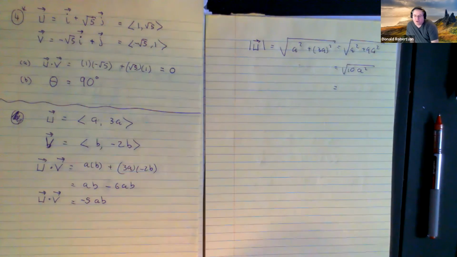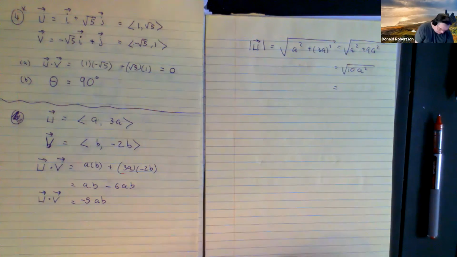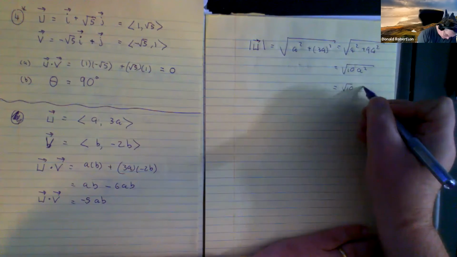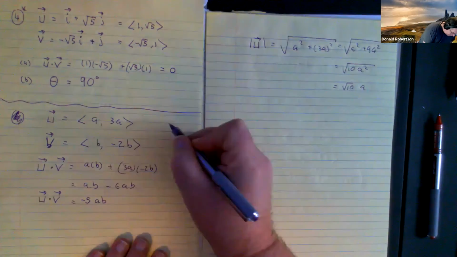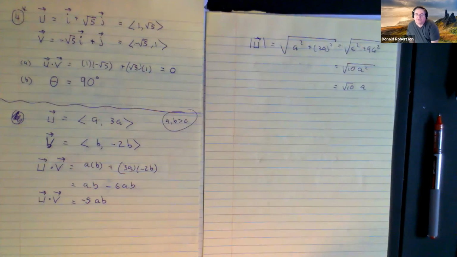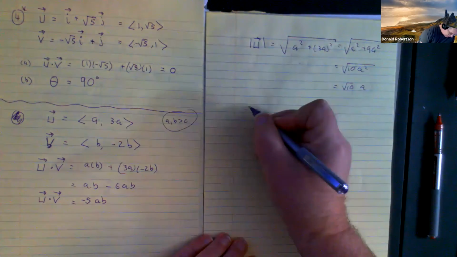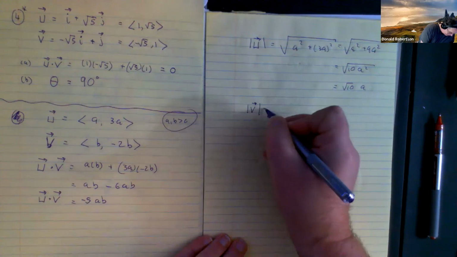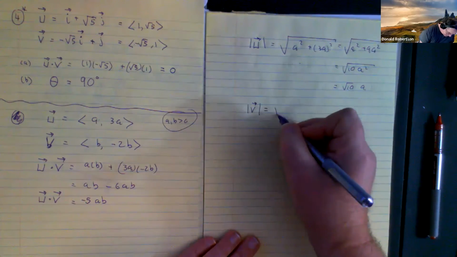Or let's phrase it a different way. What do you simplify that down to? Because it can be simplified a little bit. Square root of 10 A. Oh, by the way, we'll make the assumption that A and B are positive, which is reasonable.